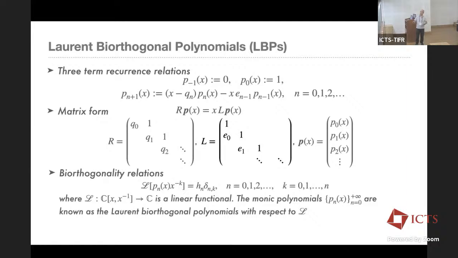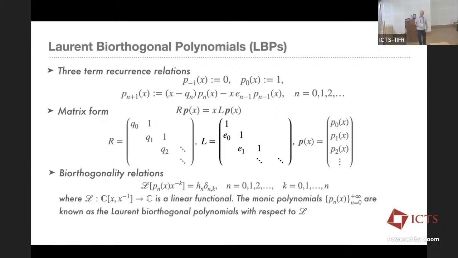Here R is upper bidiagonal and the matrix L is lower bidiagonal. So this is a generalized eigenvalue problem for the matrix pencil R and L, and P is the generalized eigenvector. This P gives us the corresponding Laurent bi-orthogonal polynomials themselves.